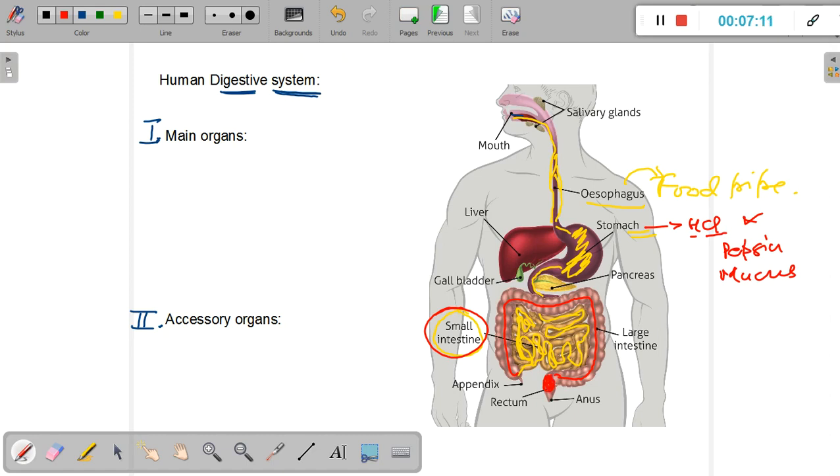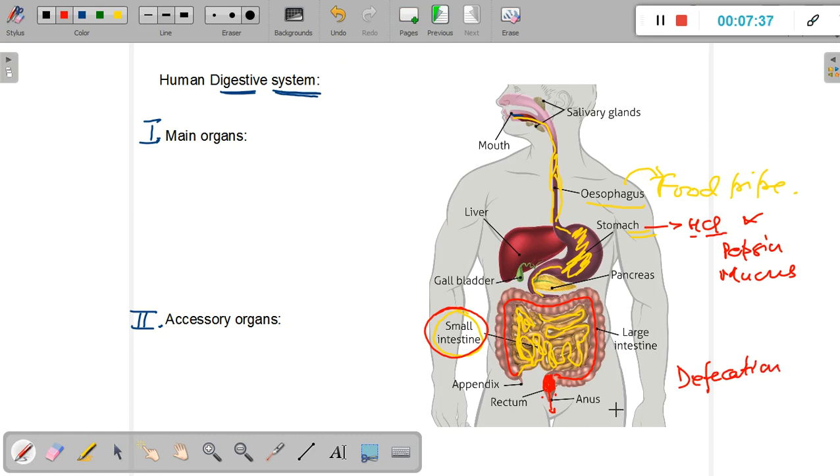This is called the rectum, and eventually when there is sufficient amount of undigested food present in the rectum, the brain gives a signal to the muscles around this place called the anus to basically relax, and the undigested food is moved out of the body. And this process of removing the food out of the body is called defecation.